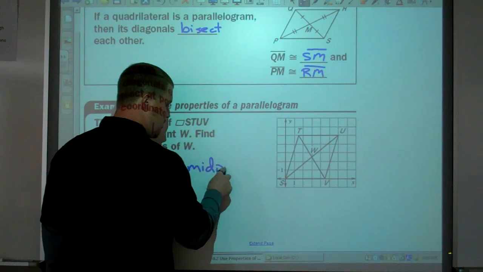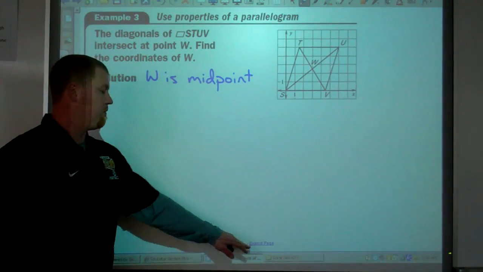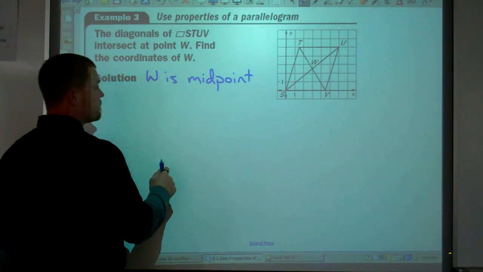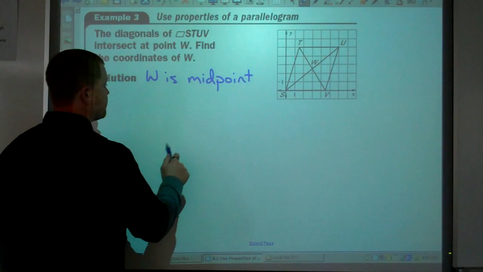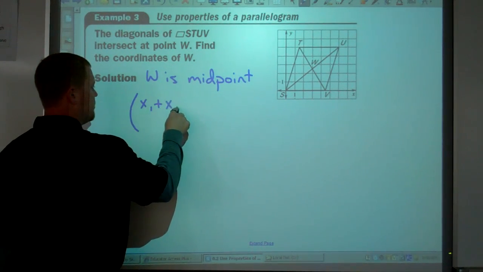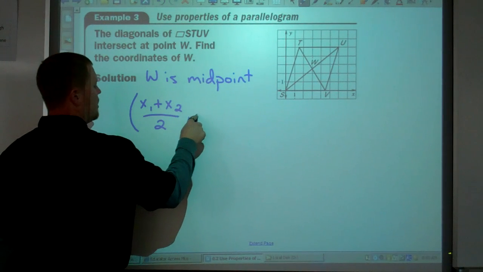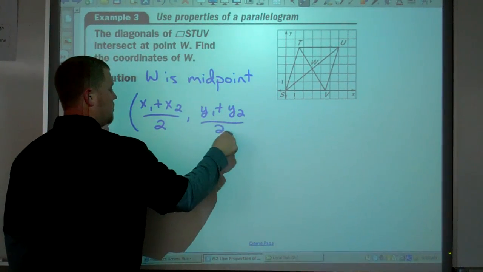So how can we find the coordinates of the midpoint? By using our midpoint formula. If you remember our midpoint formula, it's x sub 1 plus x sub 2 divided by 2, comma, y sub 1 plus y sub 2 divided by 2.